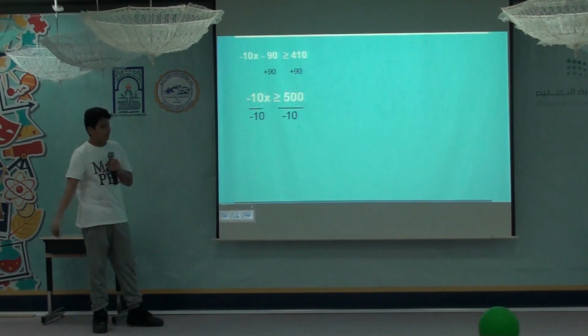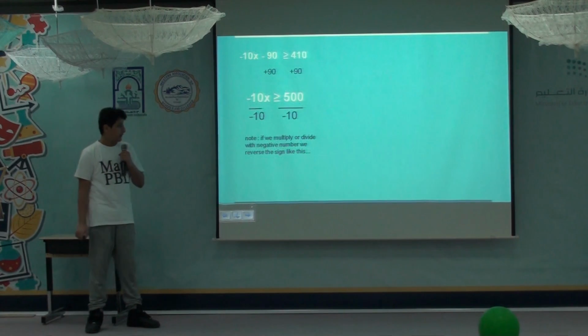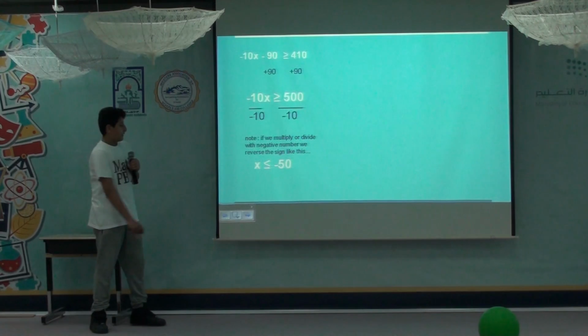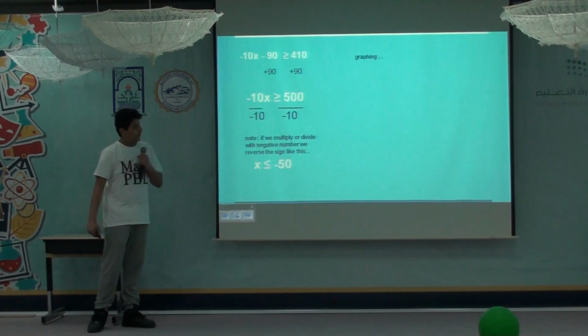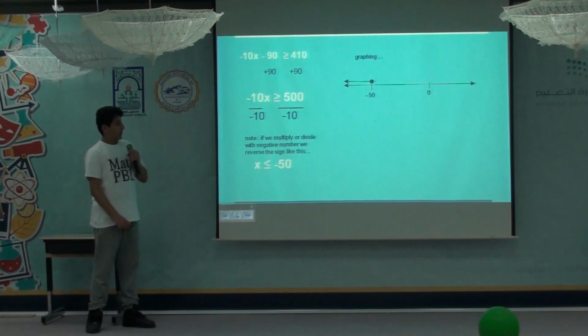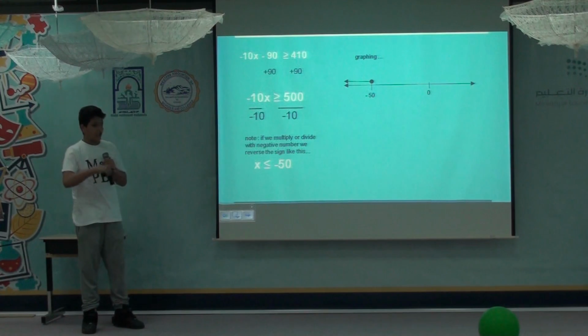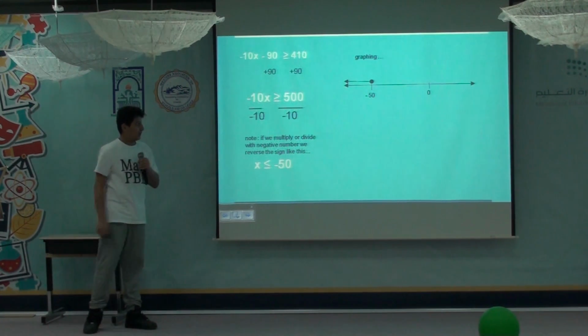But note, if we multiply or divide by a negative number, we reverse the sign like this. x less than or equal to minus 50. Then we graph. We put a filled circle because it's greater than or equal. Then we go to the left because it's closed toward the variable.